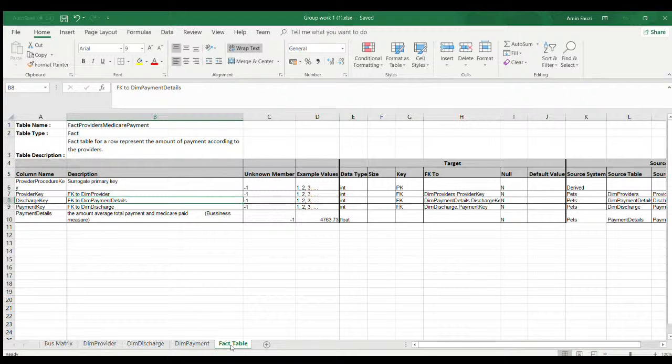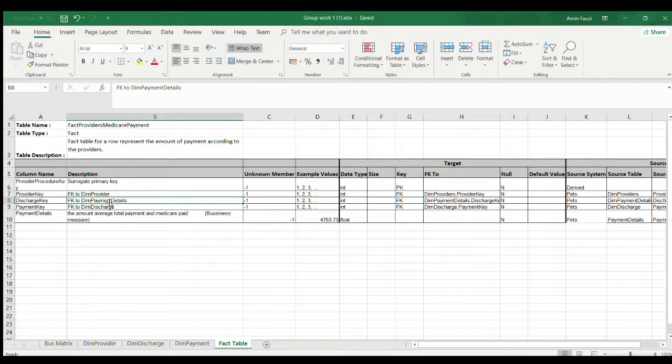The last one is the fact table. This table is about the amount of payment according to the providers. It has 5 columns. The first one is provider procedure key, the primary key for this table.